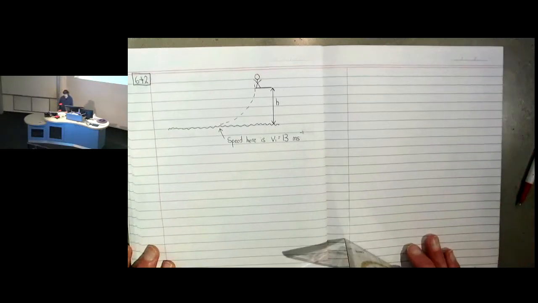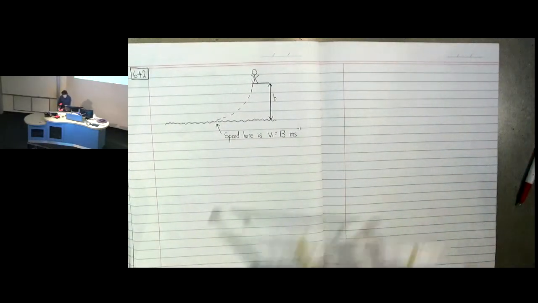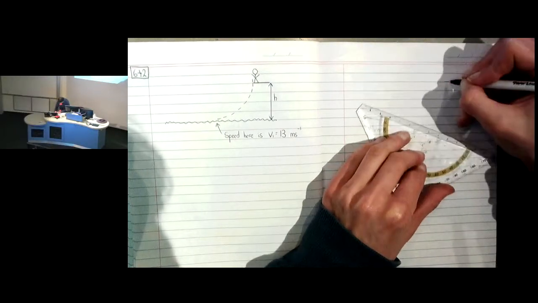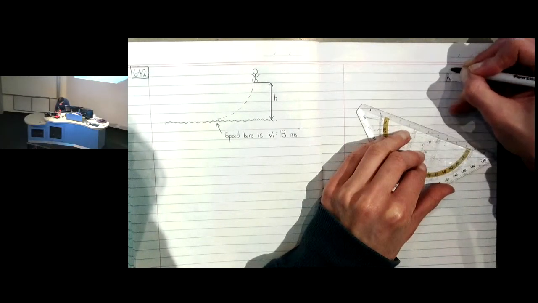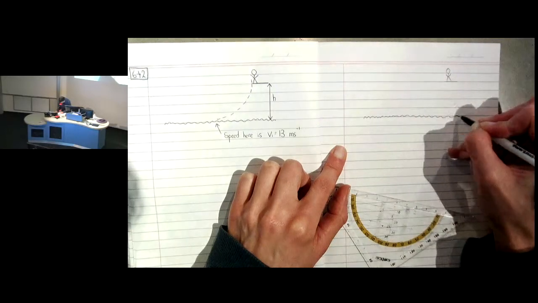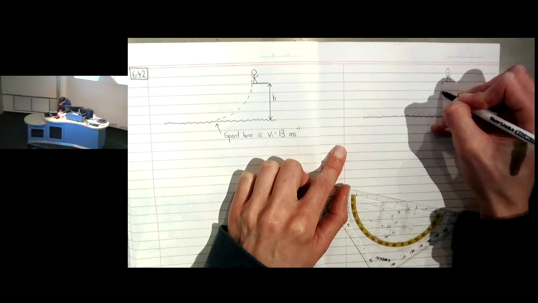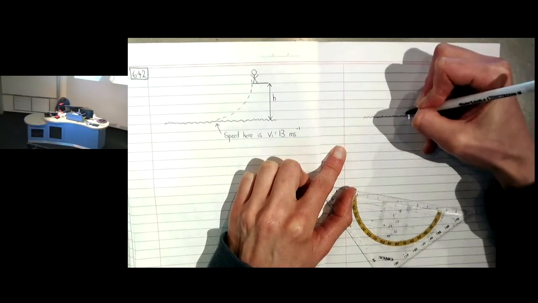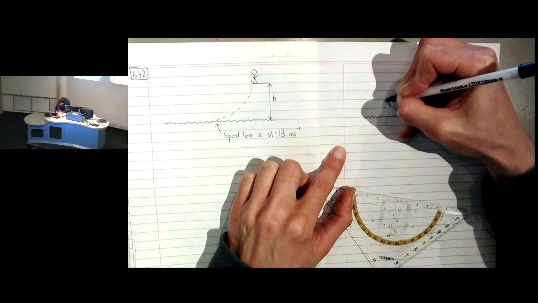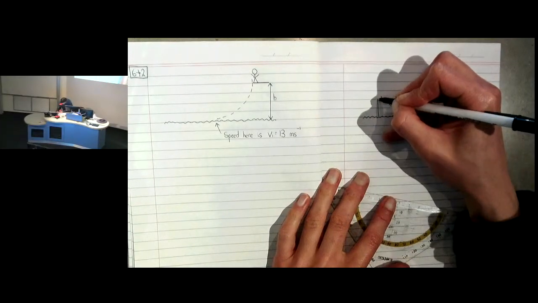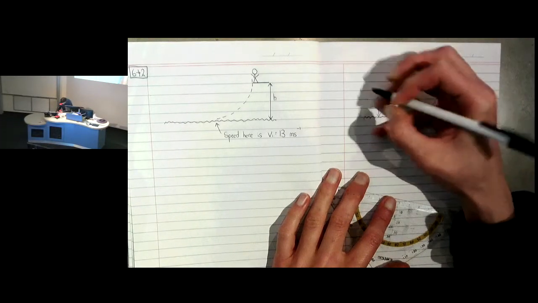Then, because that was such great fun, he climbs back up the cliff and does it again. Only this time, instead of letting go down there, he swings on his vine down to here, but then he keeps swinging back up until he's at a height that I'll call h2.